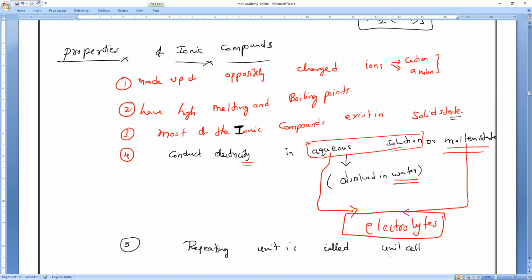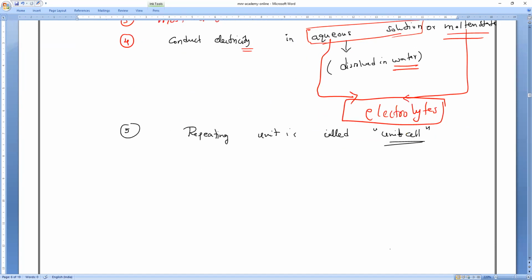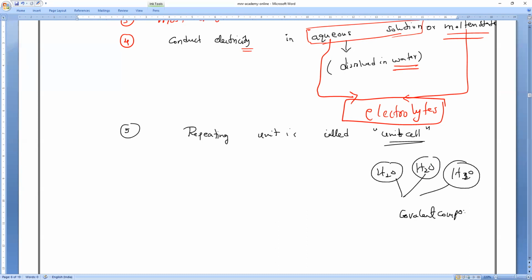What is it called, everybody? The repeating unit in the sense what, sir? Repeating unit means, for example, suppose you take water: one molecule, another molecule, another molecule. Like that, I'm taking a molecule because it is a covalent compound.